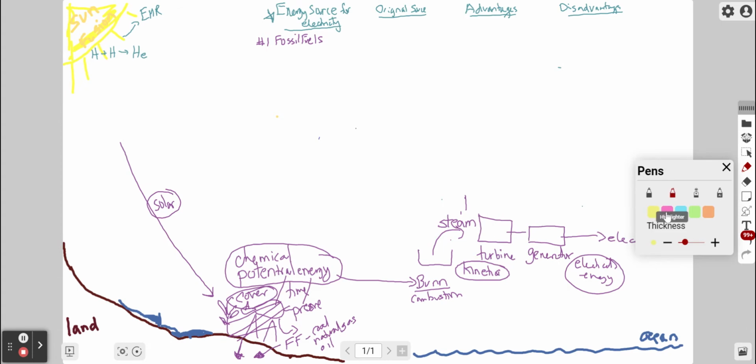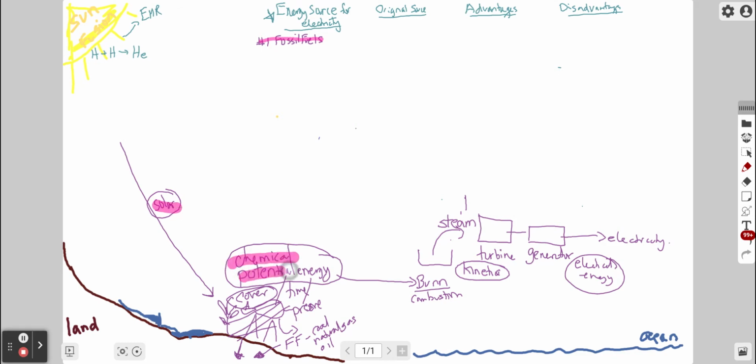So let's just highlight fossil fuels in pink. And we have solar energy going to chemical potential energy, to kinetic energy, to electrical energy.